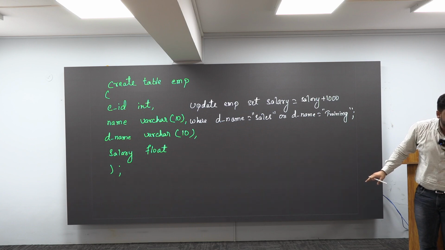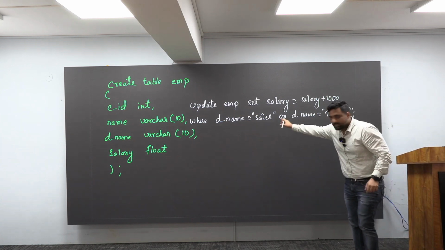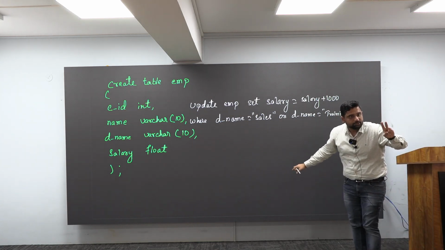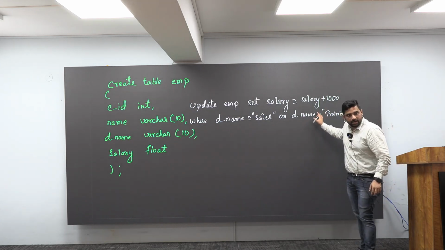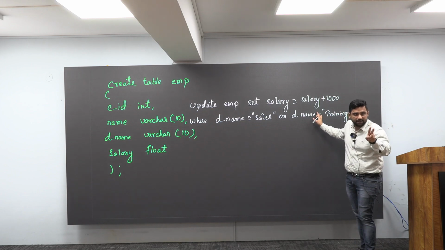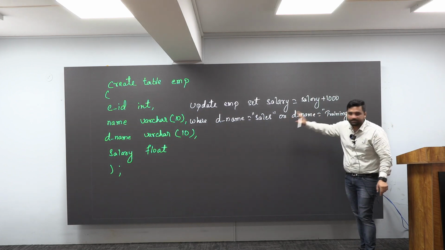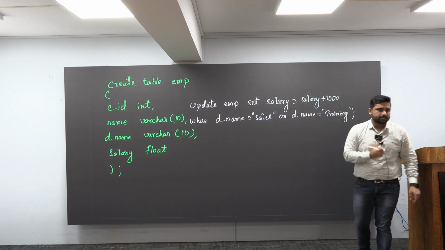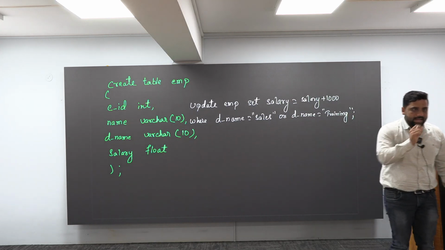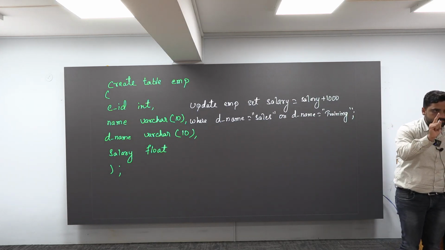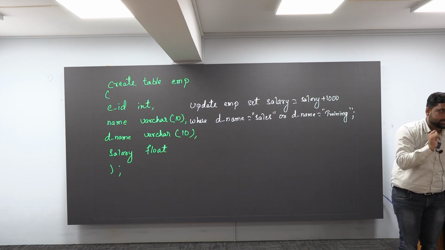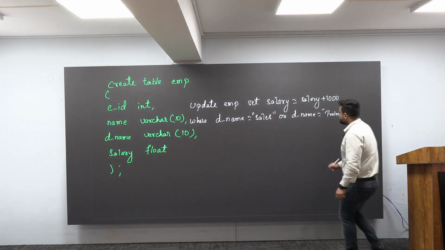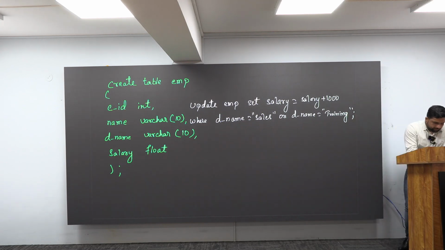Two different values I have to give for sales and training. How can we update here? Can we update in one query? Is it possible? It means again we have to write a query. So what I will do is copy this query again.